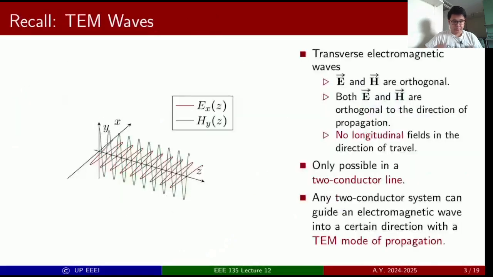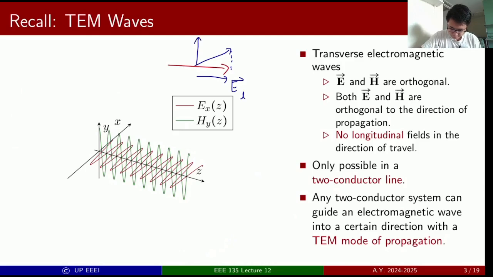Okay, so recall the concept of transverse electromagnetic waves. In a TEM mode of propagation, your electric field and magnetic field are orthogonal to each other. So there are no longitudinal fields. What are those? Longitudinal fields are telling us that if your direction of propagation is, let's say, towards the z-axis, your electric field or magnetic field has a component that is aligned with the direction of propagation, the so-called longitudinal electric field, for example.